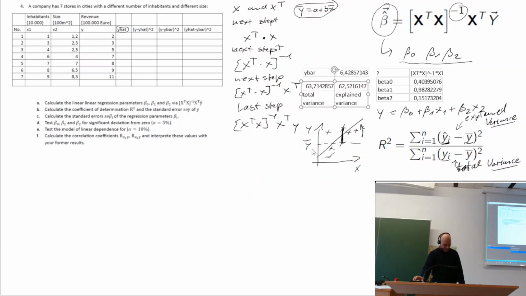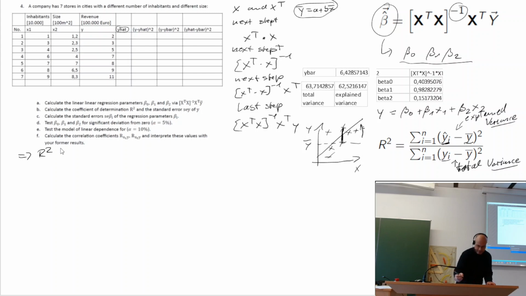So, and now we have everything together in order to calculate our coefficient of determination. Then r squared is what? What do I have to do now? An idea?